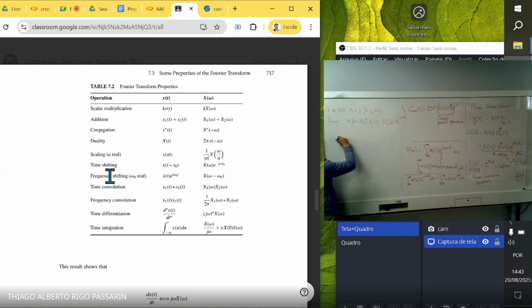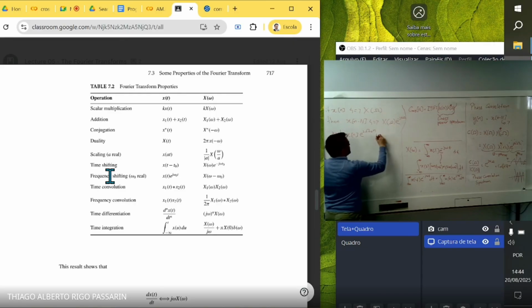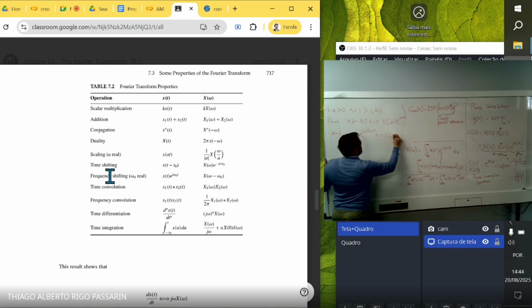So, let's go on here. x of n times e to the minus j... In the table, is it with minus? No, it's with j. j, some frequency omega 0, n is X of omega.